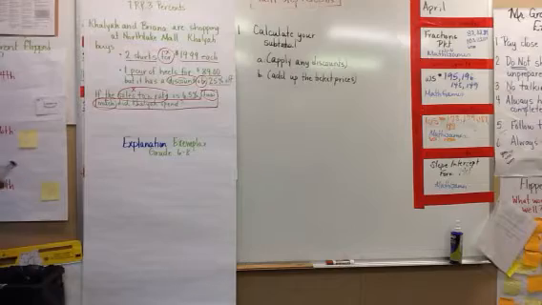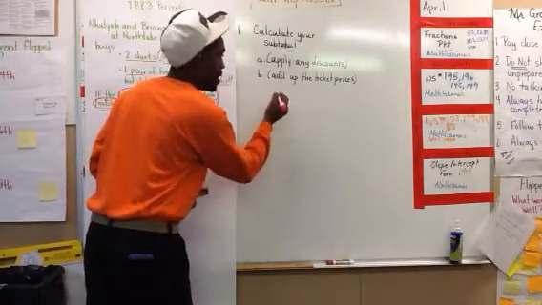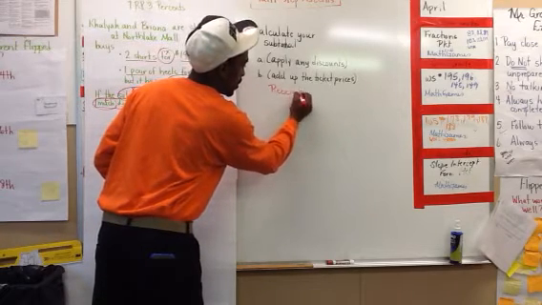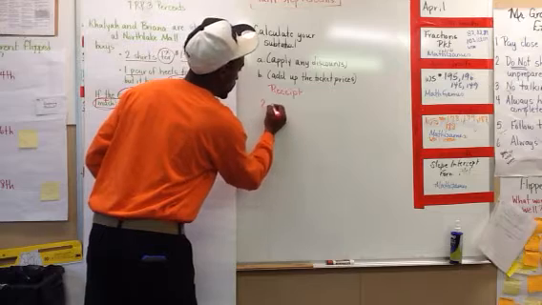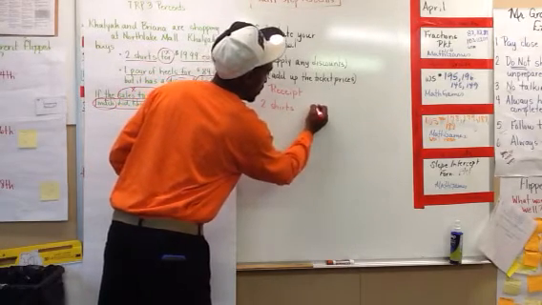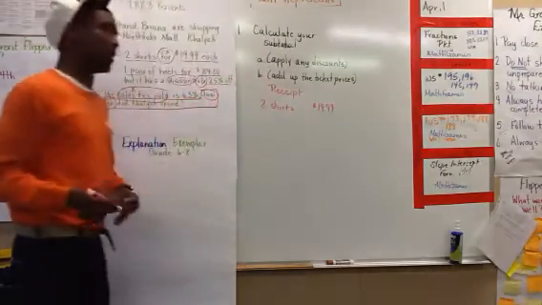What did Kalia buy? She bought 2 shirts. So right now I'm going to build my receipt. She bought 2 shirts, and each shirt was $19.99. Well, she bought 2 of them.